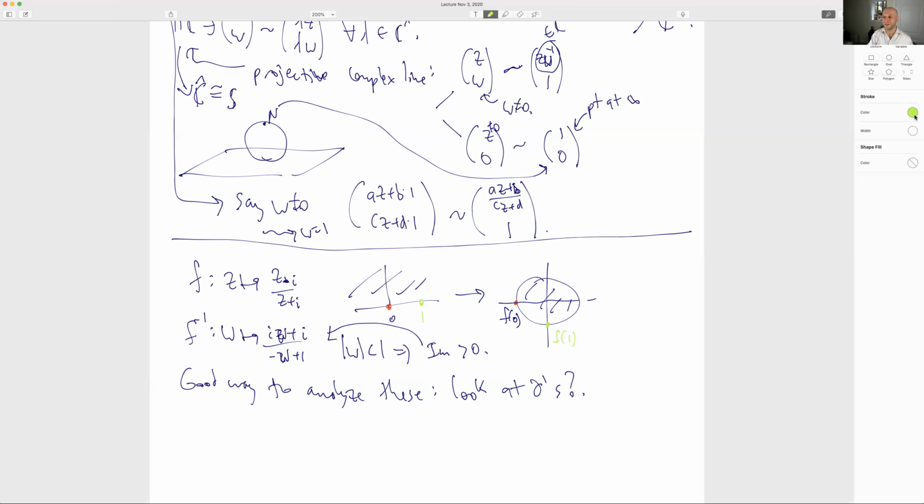How about negative 1? Where do you think? So I have negative 1 minus I over negative 1 plus I. That's I. Yeah, so this is f of negative 1. And of course, everything in between, there's this in-between region that's going to go to the in-between boundary. And the same thing here, this in-between region is going to go to this in-between boundary.